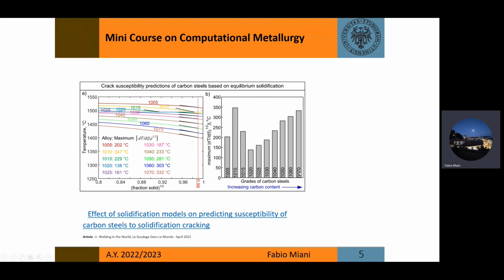So these are just steels with carbon content 0.1%, 0.15%, 0.2%, and 0.7%. And he has reproduced those graphs which relate the temperature with the solid fraction.